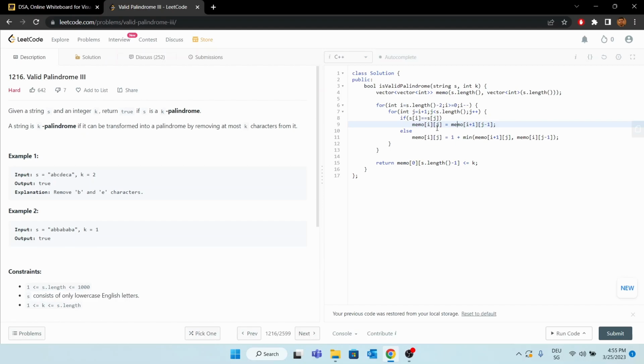And if they are equal, we take the value from the I plus 1 and j minus 1th index. If not equal, then we take 1 plus the minimum of I plus 1 j index or I j minus 1 index, and at last we return whether the cost found by us is less than or equal to k.